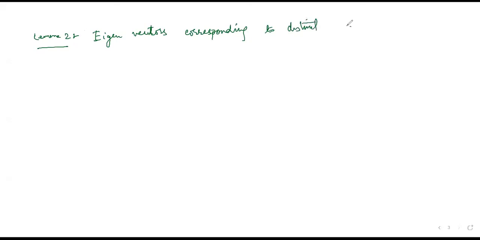Let's go to lemma 2. I thought it was lemma 3 to start with, but perhaps not. Lemma 2 is this: eigenvectors corresponding to distinct eigenvalues of a normal operator are orthogonal.